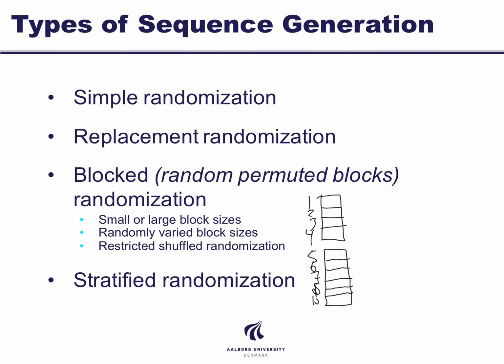And then within these blocks, you would randomize them to either maybe intervention or control in a random order that nobody knows. But the point is that within this block of 4, there would be 2 that would go to control and 2 towards intervention. And the same way here, you would have a block size of 6. You would have 3 that would go to control and 3 that would go to intervention.